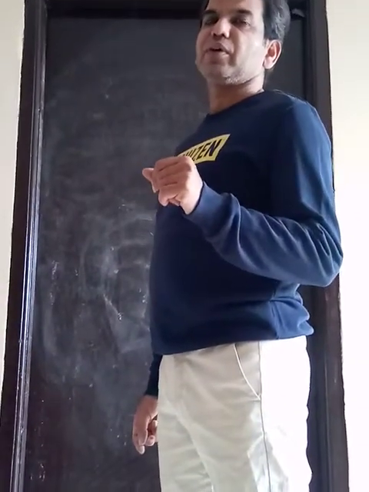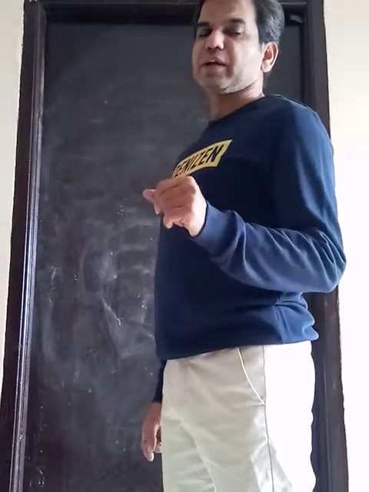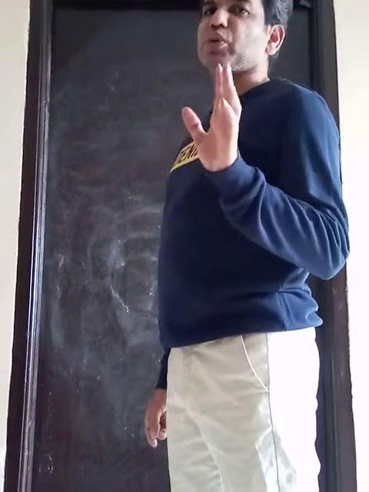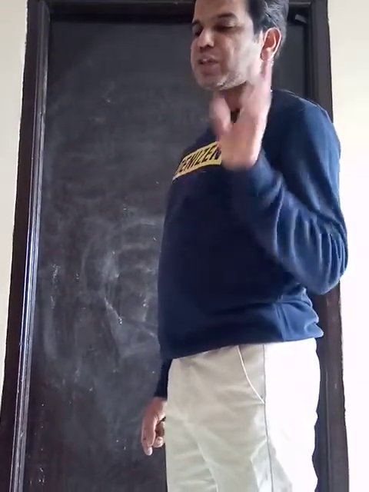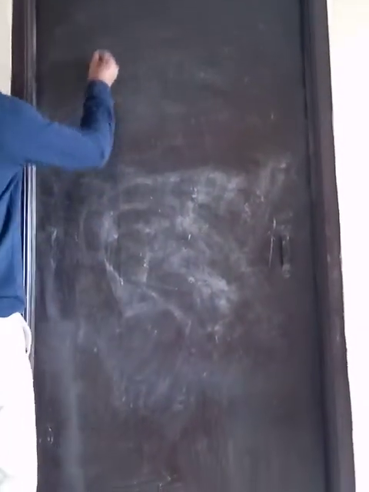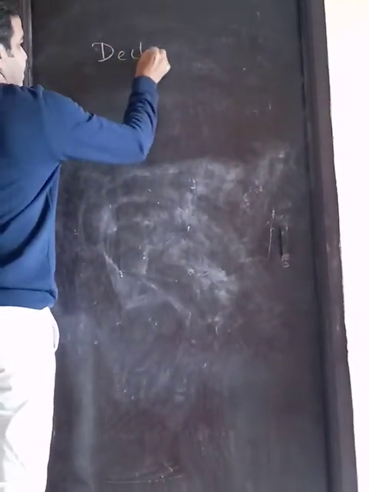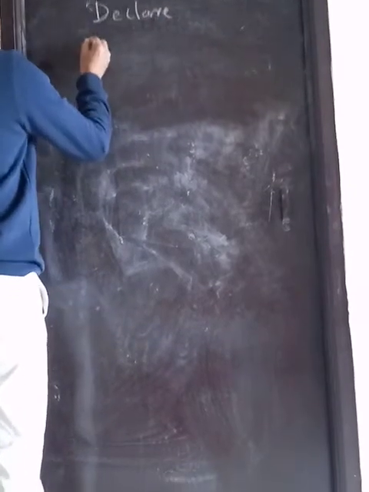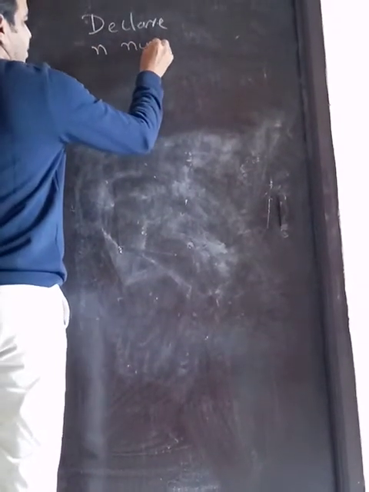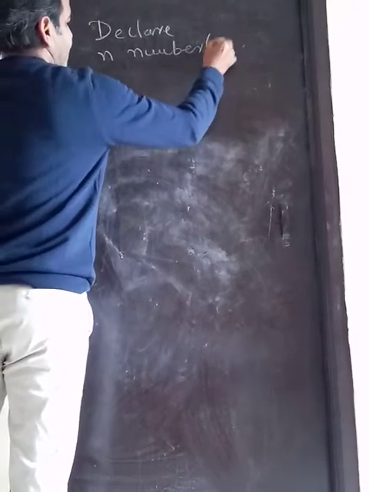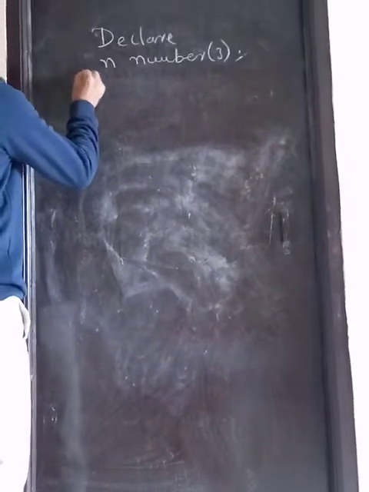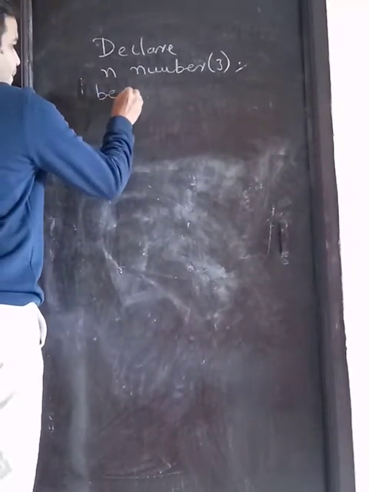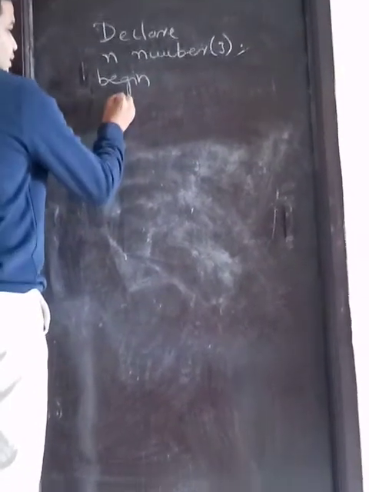So now we'll see a simple program in simple if. Accept a number, determine whether it is positive or not, using simple if. So first declare n number of 3, then begin. Begin is compulsory.